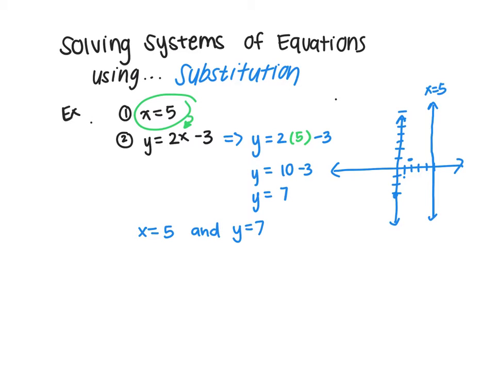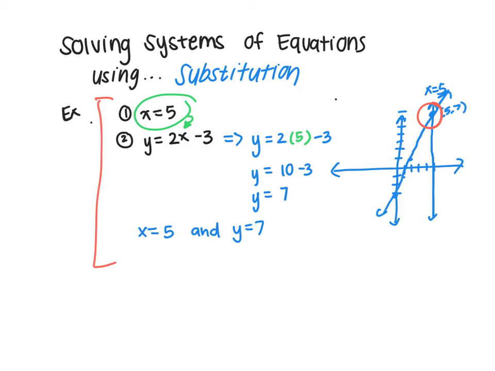So our system would intersect at 5, 7. That's what solving a system is. It's saying if we are given two lines, where do they intersect? This right here is solving systems using substitution.